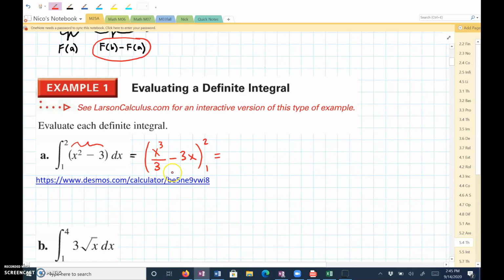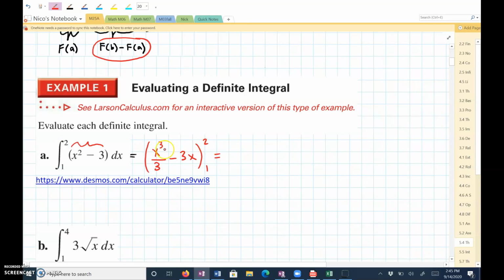Now, this is known as a definite integral, because you're going to get a number here, whereas if you don't have these numbers here, then it's an indefinite integral, and you wouldn't get a number, you'd get a family of functions.